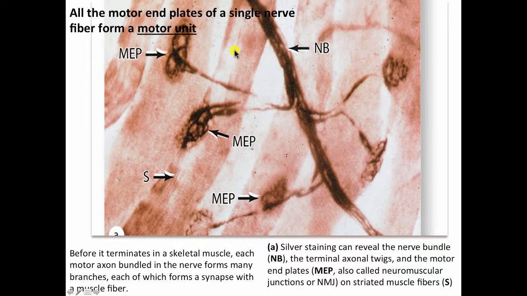And all of the muscle fibers that a single nerve bundle contacts is known as a motor unit. So all of these motor end plates, which are derived from this nerve bundle, constitute a motor unit.